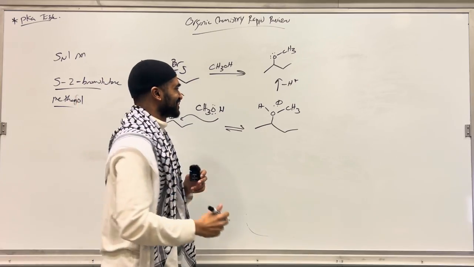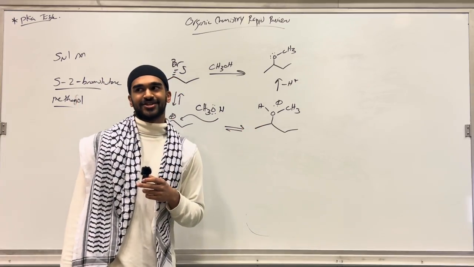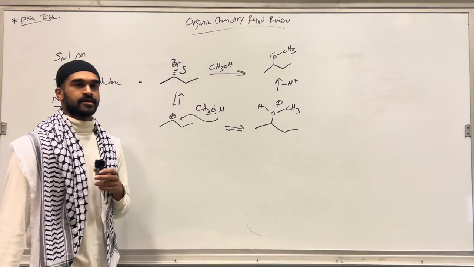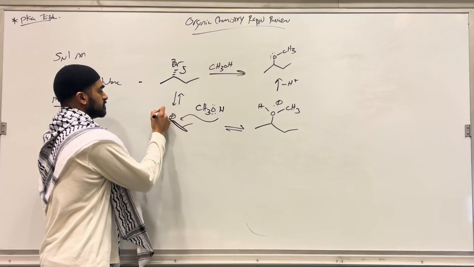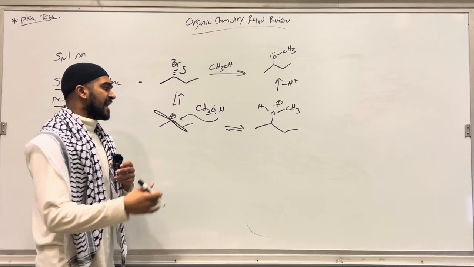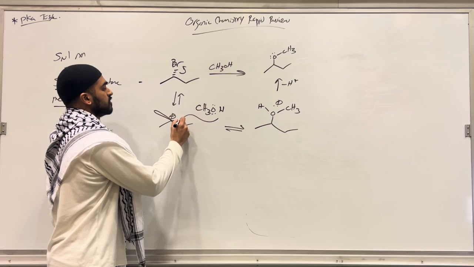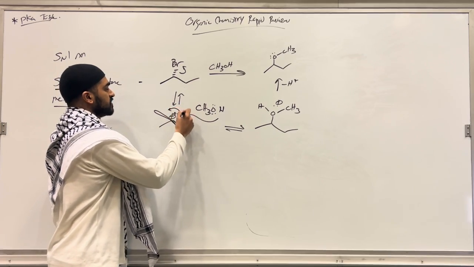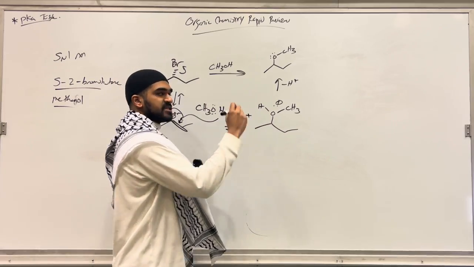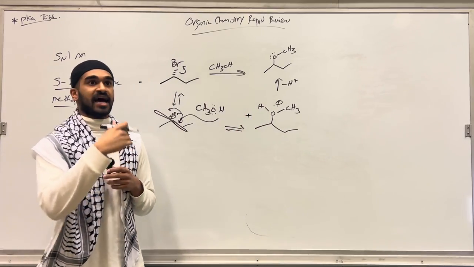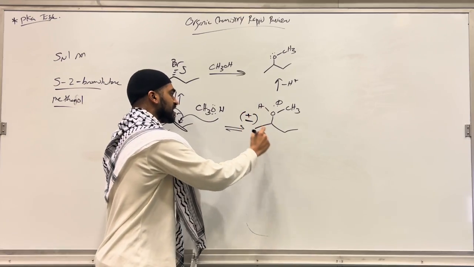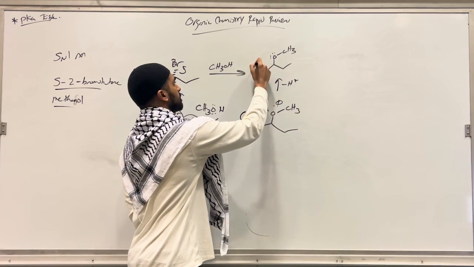Very good. At this specific position, when the methanol attacks the carbocation, there is a p orbital that exists perpendicular to the plane of the molecule, right? And that p orbital can be attacked from the front or the back. And if you attack from the front, you get the R enantiomer, and if you attack from the back, you get the S enantiomer. So this is plus minus, and over here is plus minus.